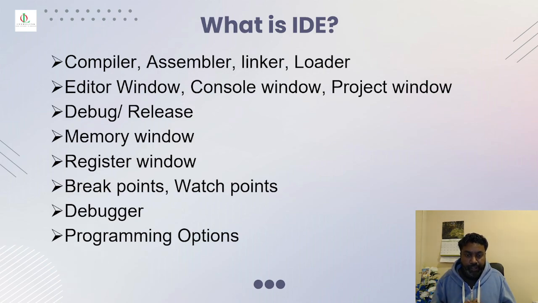And what is a compiler? A compiler is where you write the code in the text editor, and the compiler takes that C file and converts it to give you assembler source code. The assembler takes that assembler source code and converts it to give you object files. The object files are then sent to the linker.